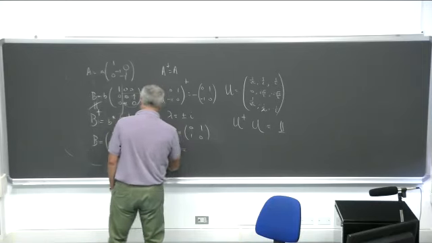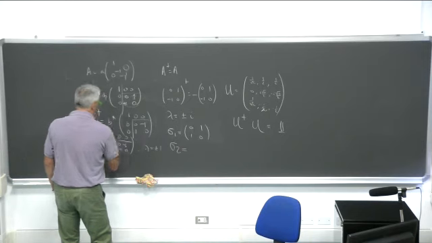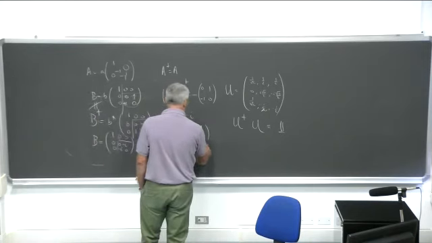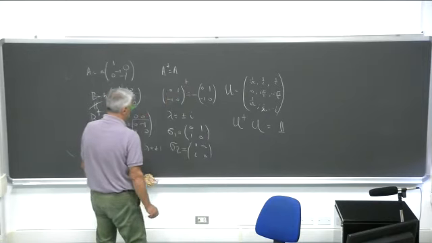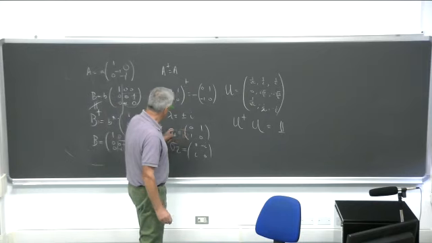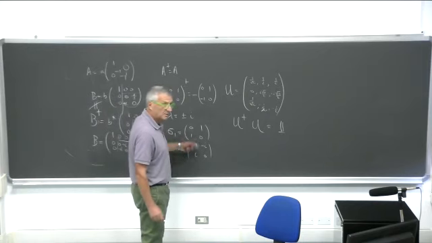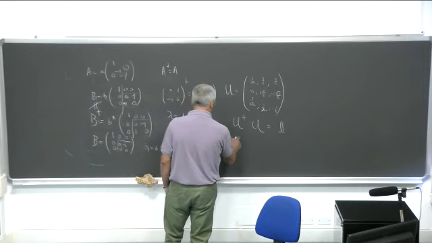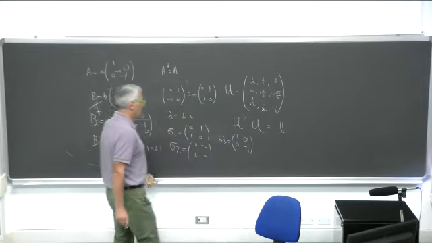Sigma 2 is essentially this matrix here. Actually, let me put a minus here. This is sigma 2, 0, minus i, 0. Both square to 1: the square of sigma 1 is 1, the square of sigma 2 is 1, and they both have eigenvalues plus or minus 1. And then there is sigma 3, which is diagonal, 1, minus 1, 0, right?